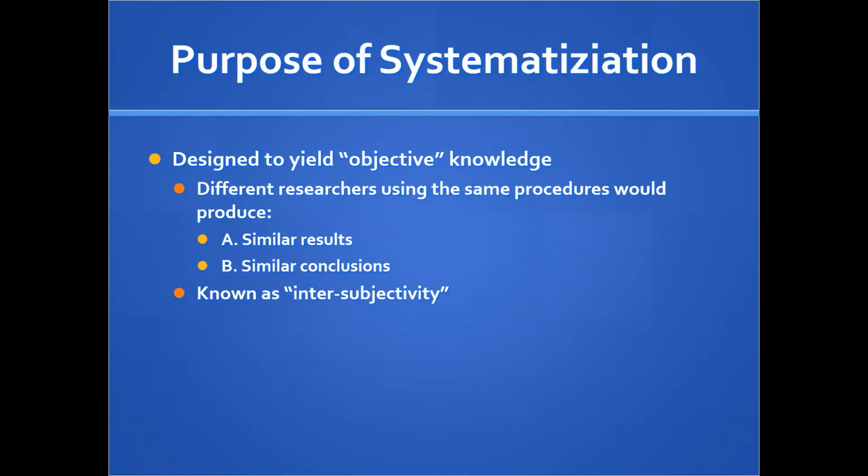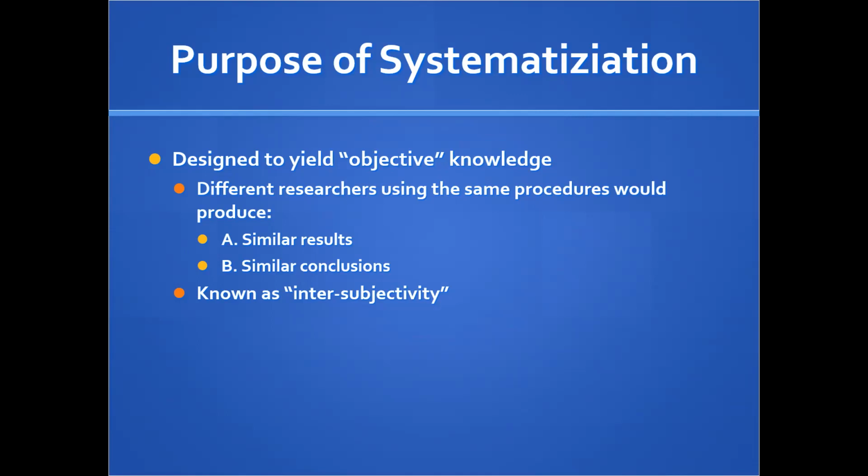And the purpose of systematization is that it's designed to yield objective knowledge. Take note, objective knowledge. Because certain knowledge might be applicable only to a certain few, but not to the general public. So that's why different researchers using the same procedures would produce similar results.